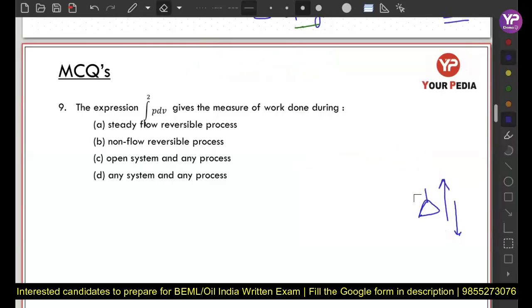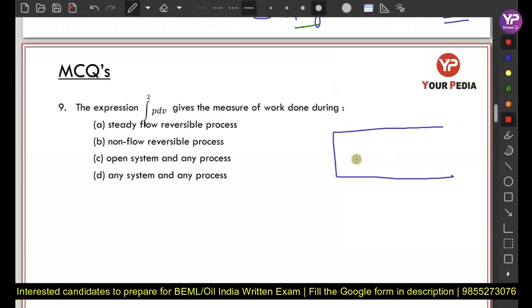Now the next part, what is the expression here? Now let us suppose we have a piston and initially the piston is at a position A. At this point of time, inside the piston cylinder arrangement there is some air which is maintained at a pressure of P, and the area of the piston is capital A. Now what is happening?